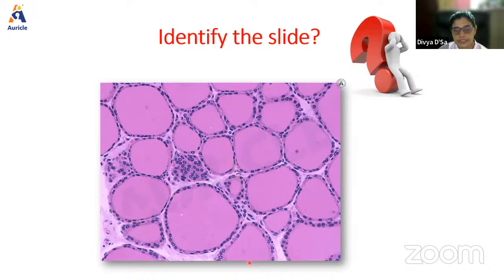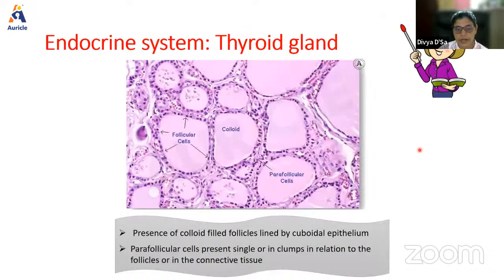So when we see this, we have to identify this as thyroid gland. Depending upon its active state, secretory active or inactive state, the amount of the colloid will differ. These are thyroid follicles, which are lined by the follicular, that is the cuboidal epithelium.